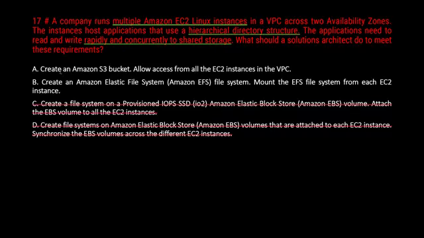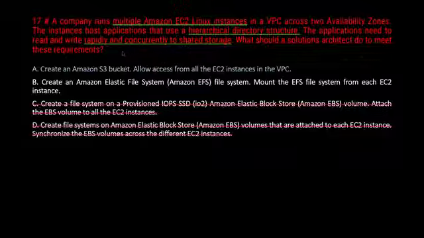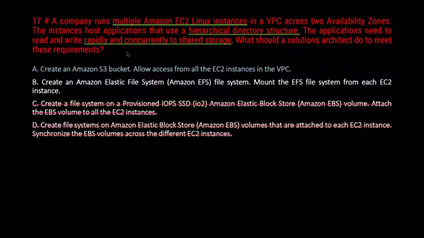Then we have S3. Well, S3 is not a hierarchy directory structure. Maybe you can create one bucket, and from multiple EC2 instances you can read and write rapidly and concurrently, but it is not a shared storage.